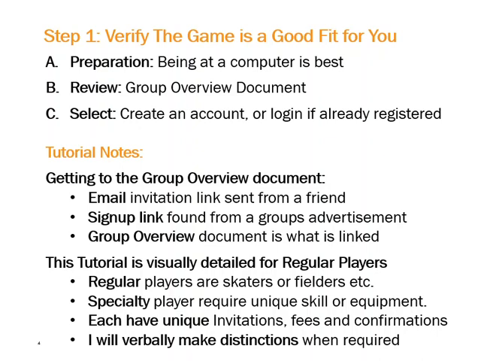And so the game overview document is what you would read to decide whether it's a good fit. It has all the information that you need. There's no need to talk to an organizer. You simply read the information, get an email to play, and you say available, and before you know it, you're on the ice. So it's completely automated.